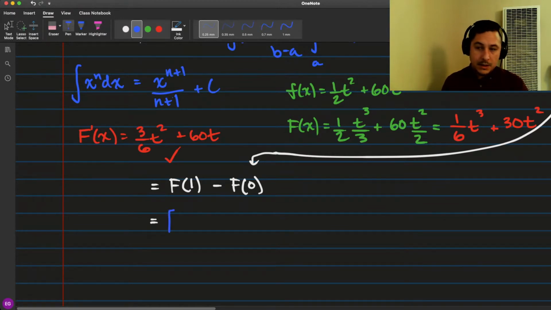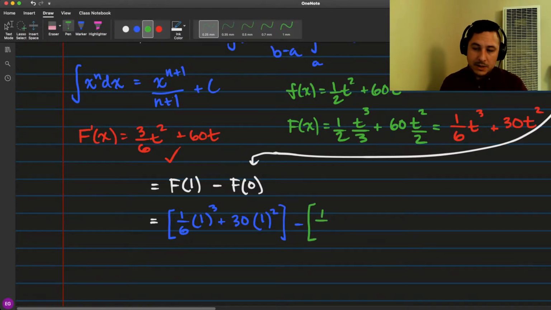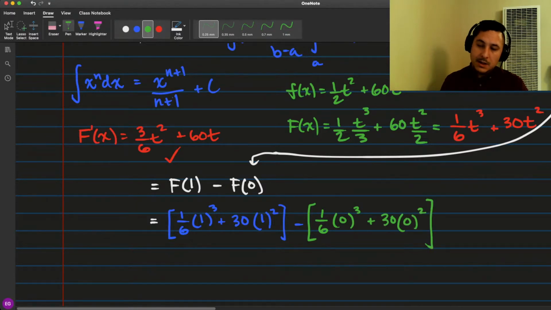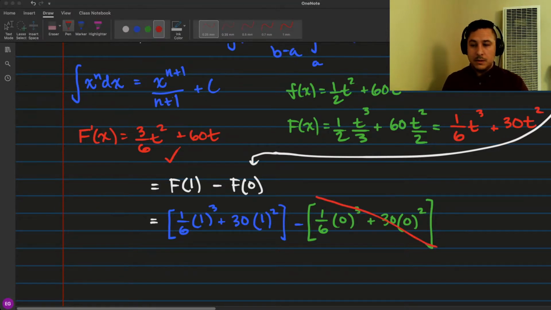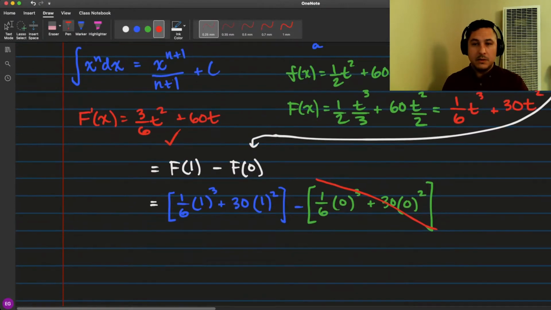So I'm going to get 1/6 times 1 cubed plus 30 times 1 squared. Then minus, we'll do this part in green. You're plugging in 0, so you'll get 1/6 times 0 cubed plus 30 times 0 squared. Luckily for us, this is all 0.